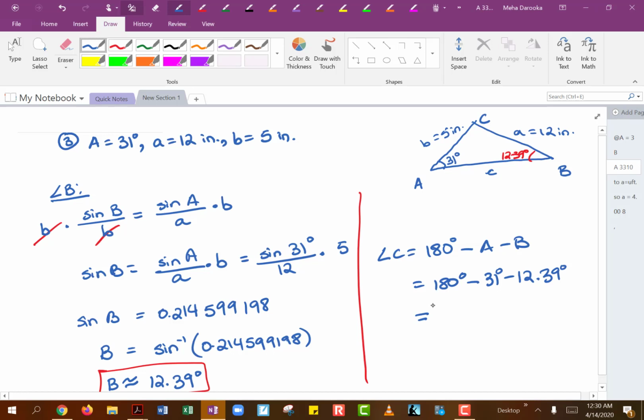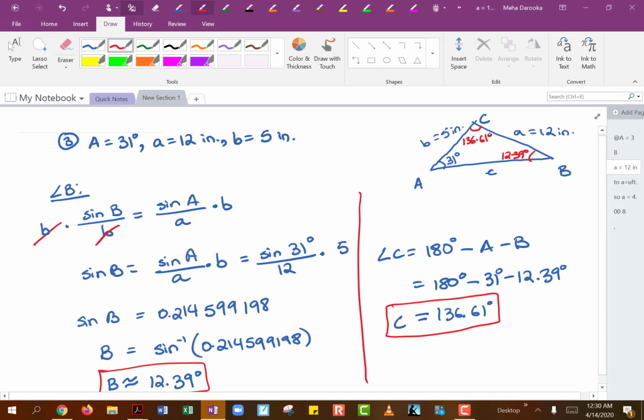And that comes out to be 136.61 degrees for angle C. So once you have two known angles, finding the third one is pretty straightforward. So 136.61 degrees. So we have both our angles.